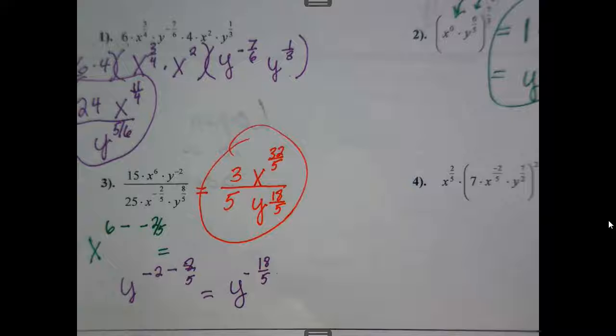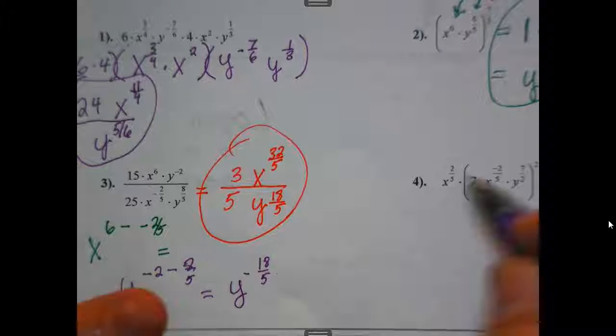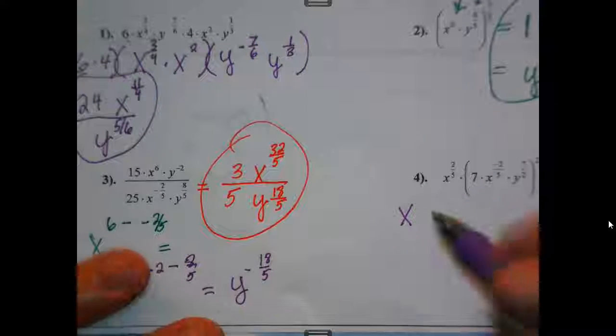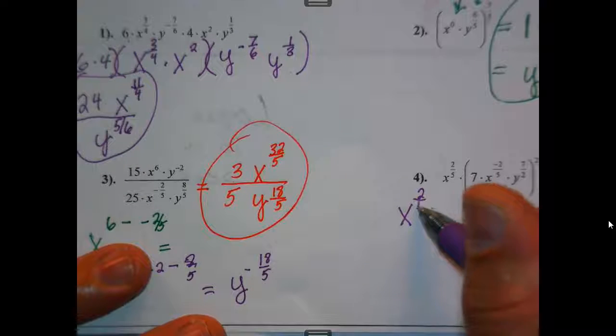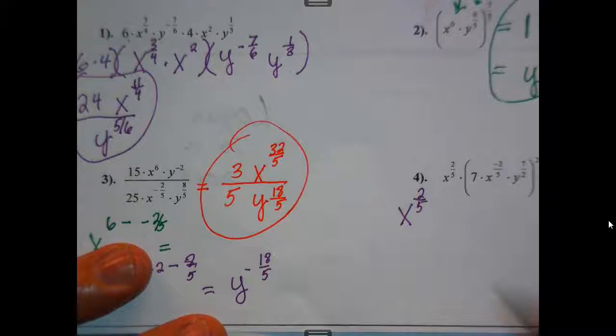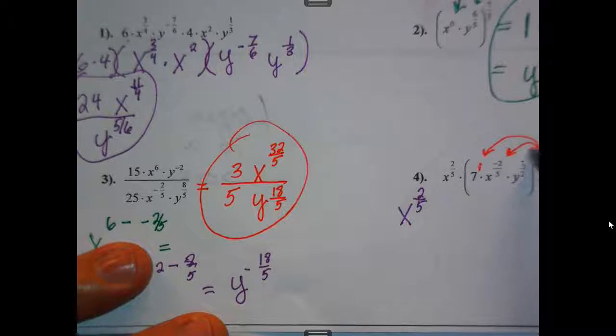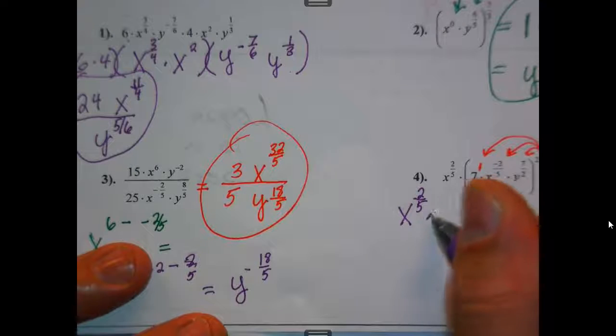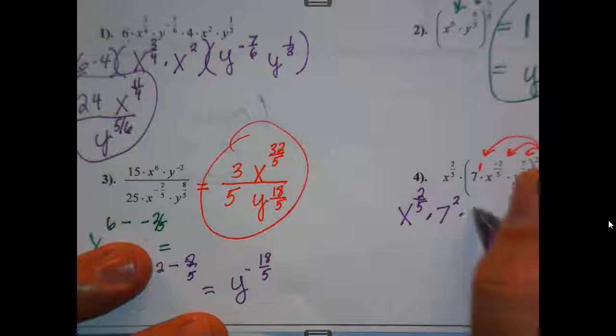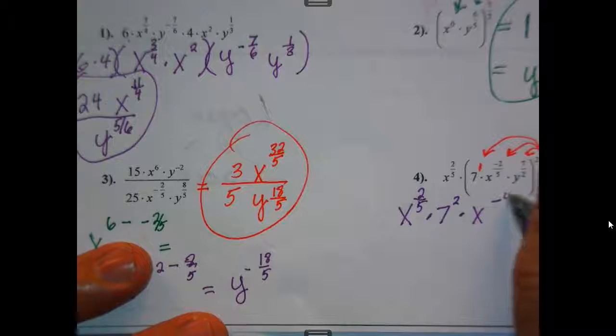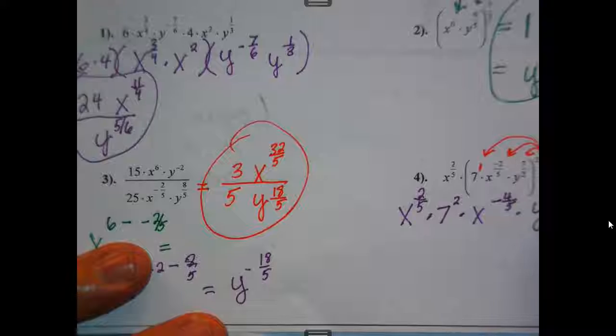I bet you we can get number 4 done. Let's do it. Okay, first, nothing going on with my x to the 2/5. I have to distribute 2 to each exponent. I get 7 squared, x to the negative 4/5, and y to the 14/4.